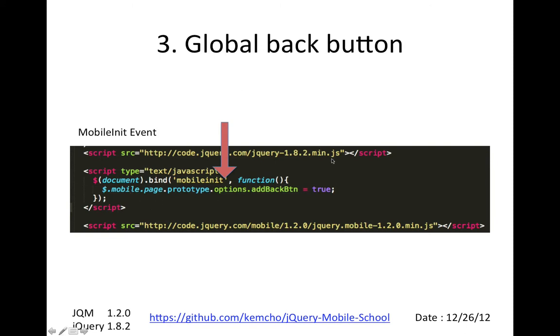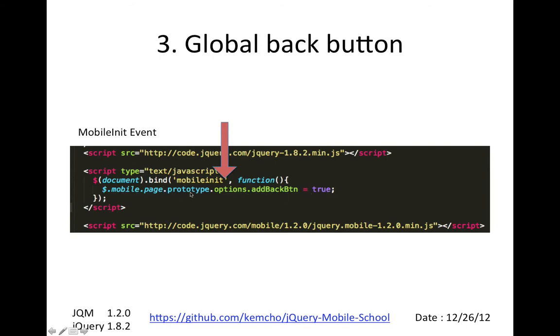The way you do this is you have jQuery, and you have jQuery Mobile. Between the two, you bind on a mobileinit event, and then you specify that you want to add a back button on the mobile object. So you say $.mobile.page.prototype.options.addBackBtn = true.